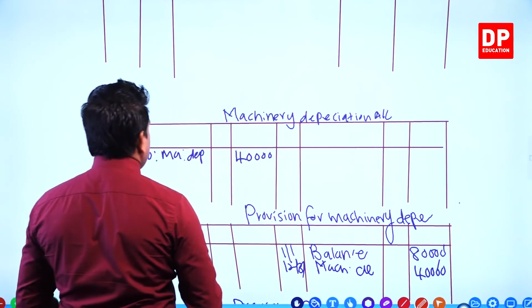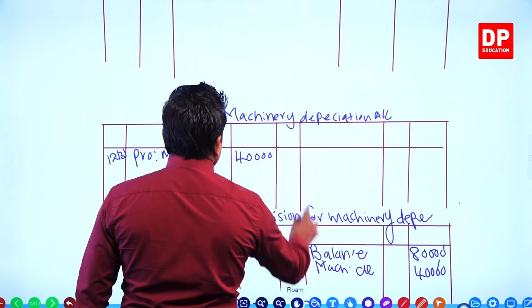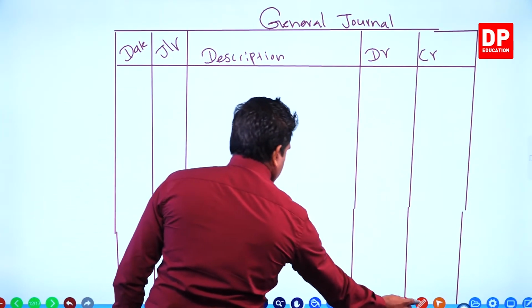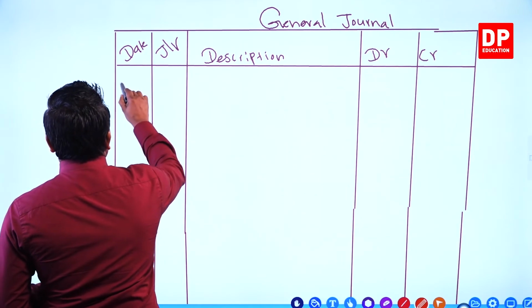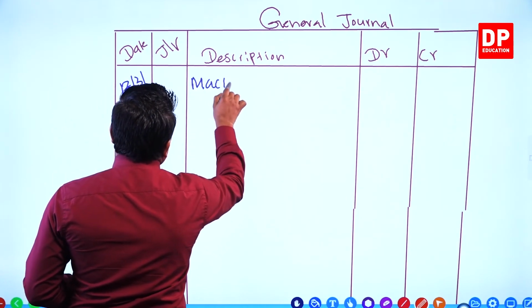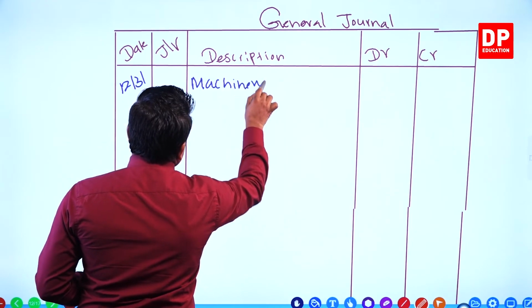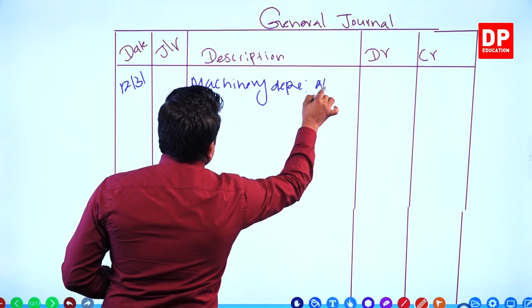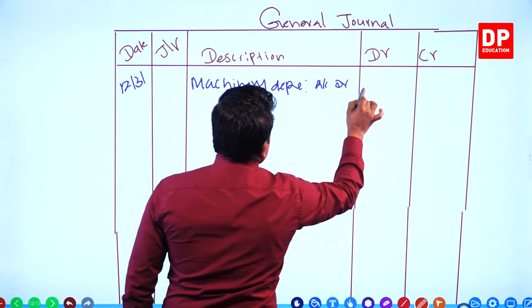First we enter these details in the general journal. Machinery depreciation, 12/31. Machinery depreciation account debit 40,000.